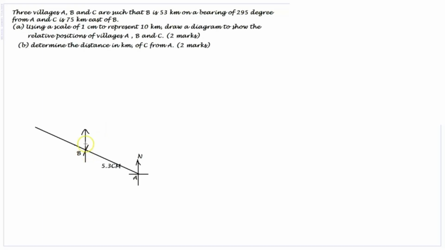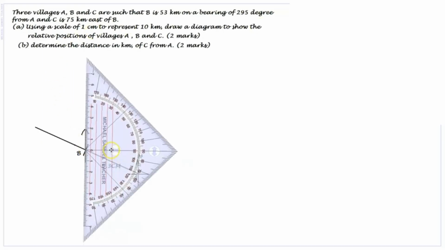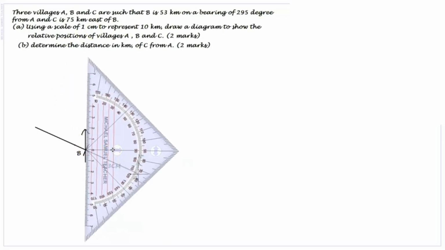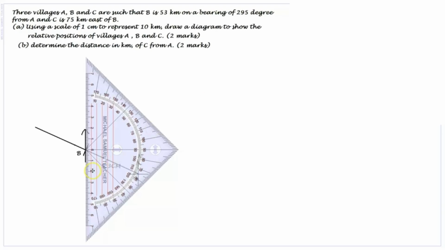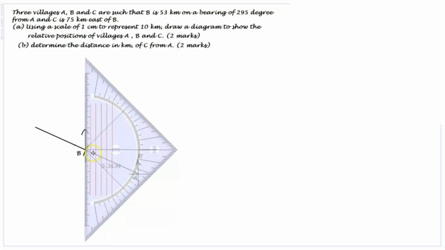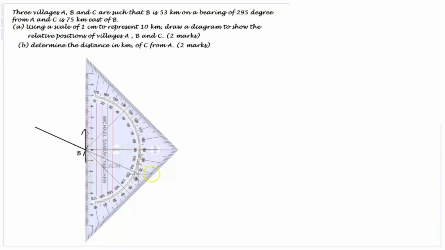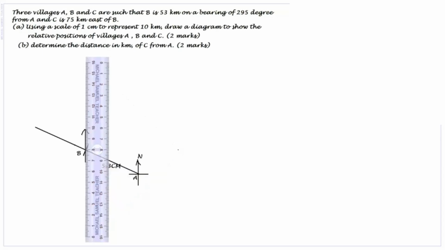That means we need to measure an angle of 90 degrees. So 90 degrees will be at that particular point, and therefore I am going to draw using a ruler.